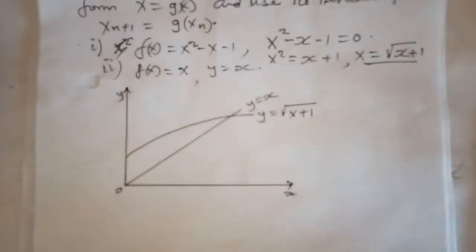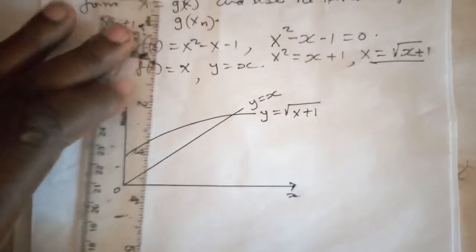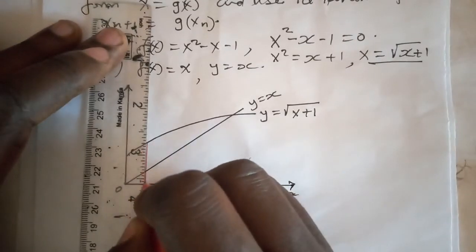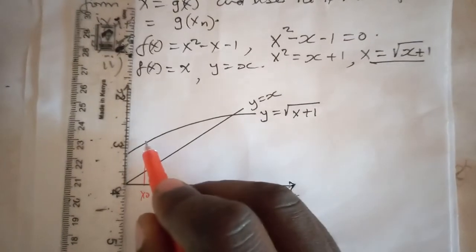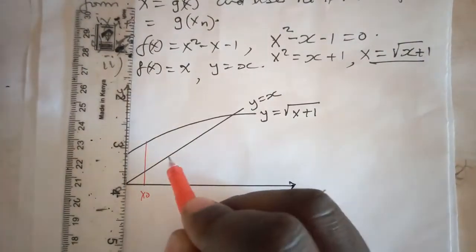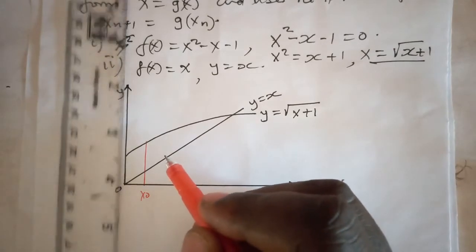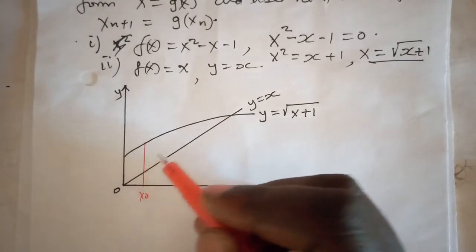There is y there, and there is x there. There is 0 there. Sometimes we may have a value of x in both of the graphs, and we may call it x naught. It will give you this value of y for one function and this value of y for the other function. And you realize that the two values of y are very far from each other.